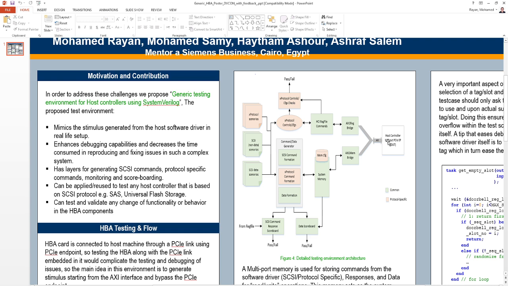The host controller has two interfaces: an exit interface for the register commands, and an exit interface to communicate with the system memory, to read or write. So we have two bridges that convert from register signals to exit transactions, and also from memory signals to exit transactions, which simplifies the operation inside the test environment.